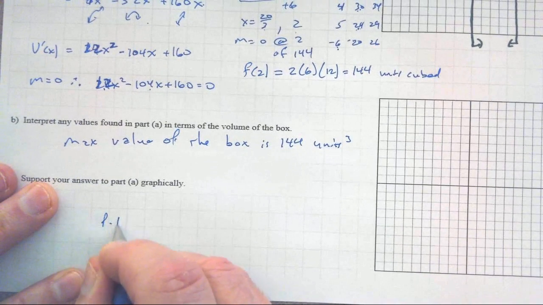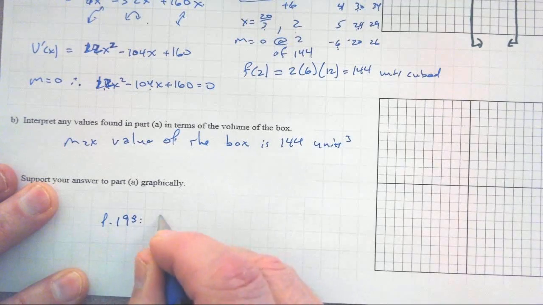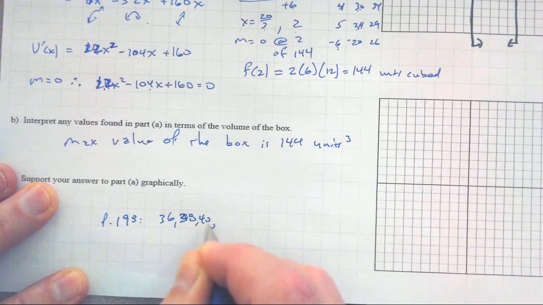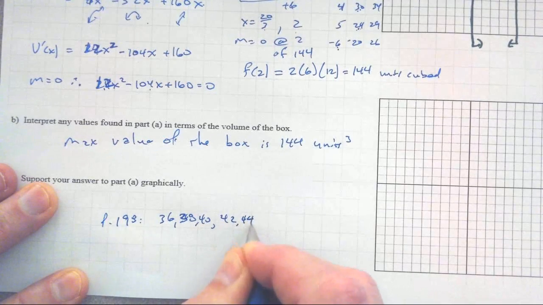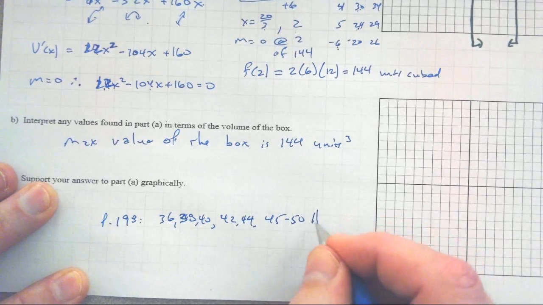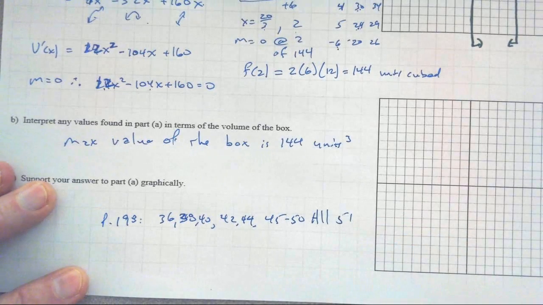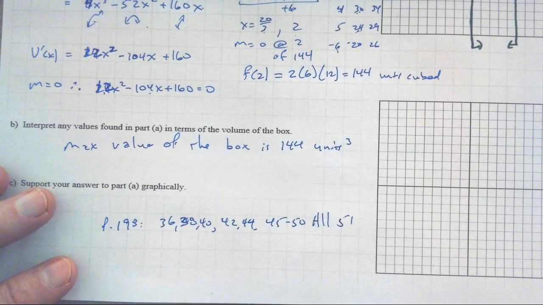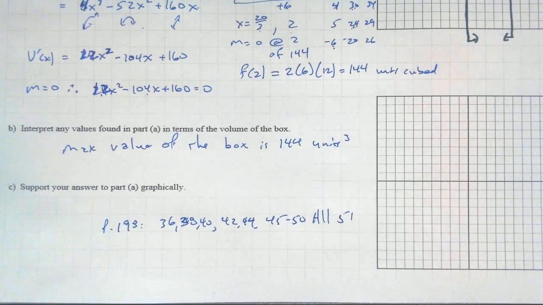Page 198, 36, 38, 40, 42, 44, 45 through 50. This is interesting, all, and then 51. Why they said that, I'm not so sure. But anyway, there we have it. I believe that's all. You got to see it as I was writing it.